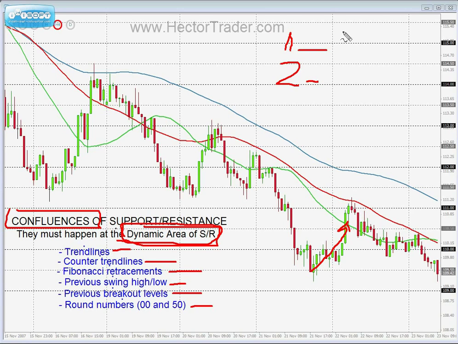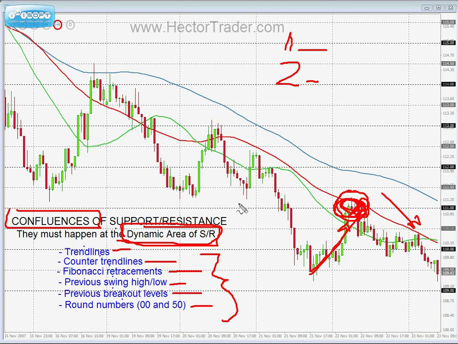That means that if I have a pullback to the dynamic area of resistance, but I cannot find any, or only a few, of these elements of support or resistance coming together around this area, this will not be a valid setup in order to search for an entry.